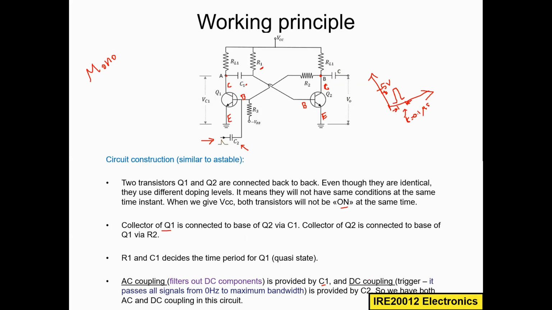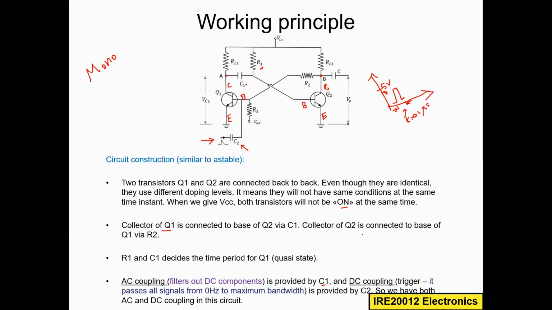The trigger passes all the signals from 0 Hertz to maximum bandwidth. Whatever you apply at this terminal contains all the frequencies. If I apply 5 volts, this 5 volts also has certain frequencies. So it passes all the frequencies and it will drive the base of this Q1.